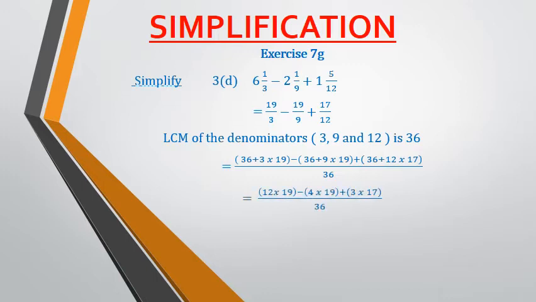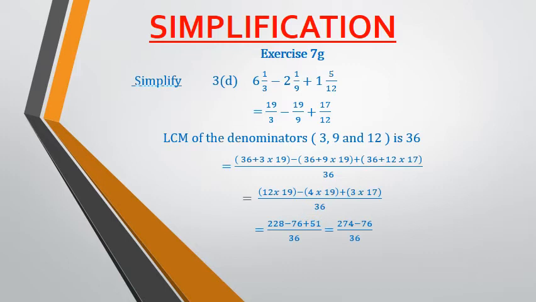We get 12 multiplied by 19 minus 4 multiplied by 19 plus 3 multiplied by 17 upon 36. Again we are going to solve the brackets, and what do we get? We get 228 minus 76 plus 51 upon 36.